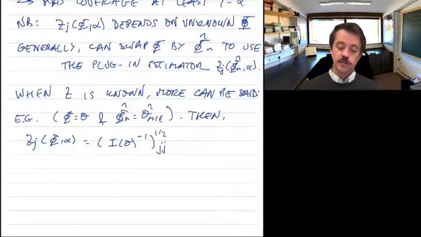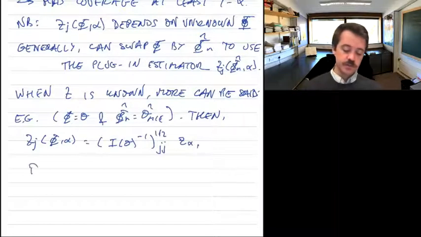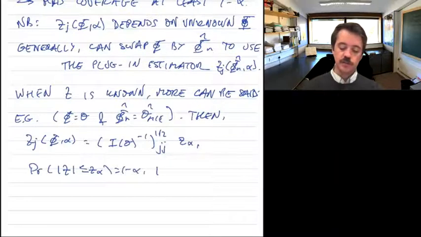And the square root, if we then directly take the usual z alpha, which is a quantity that satisfies this, where this capital Z is a normal distribution.